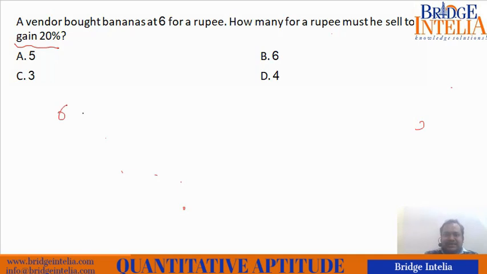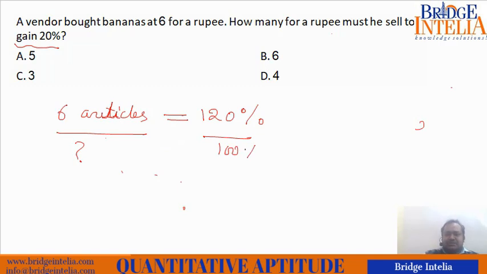So you can say that 6 articles is equal to 120% of his investment. Fine. So how many articles are equal to 100%? He will sell these many articles. He will keep the remaining articles with him, so that by keeping the remaining articles, he gains profit. So this is the approach.